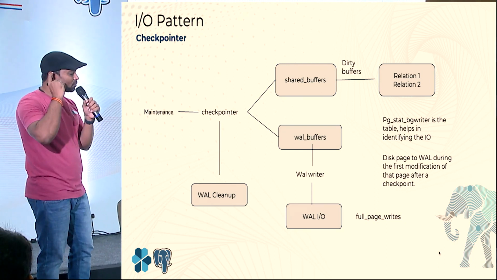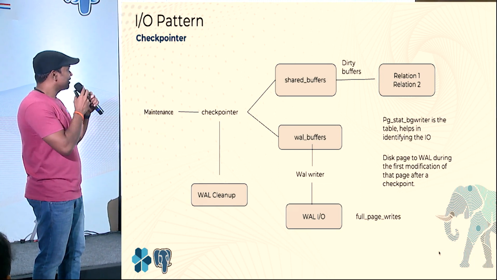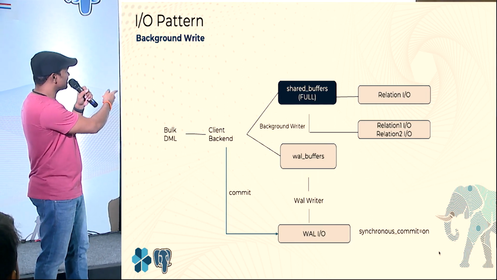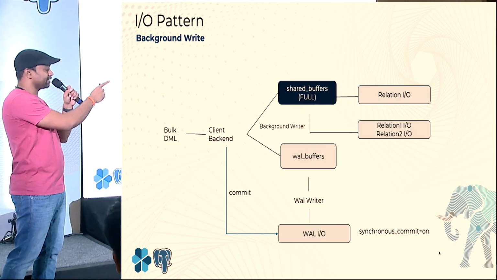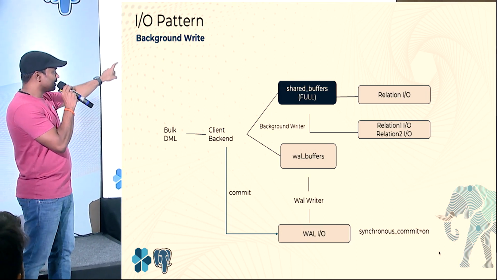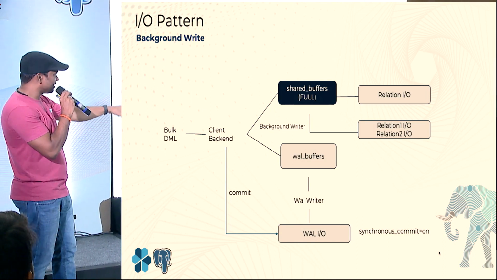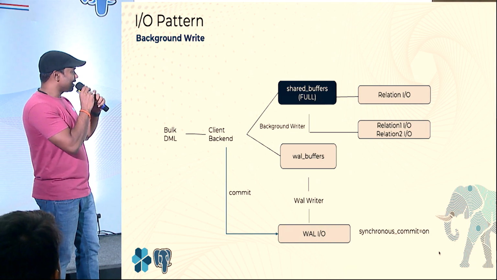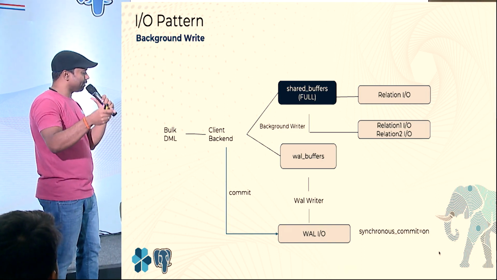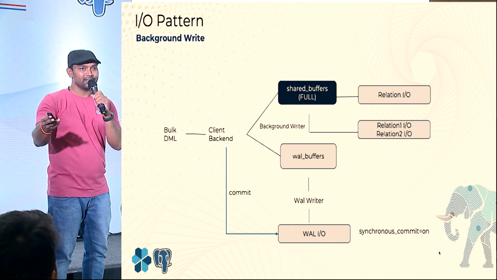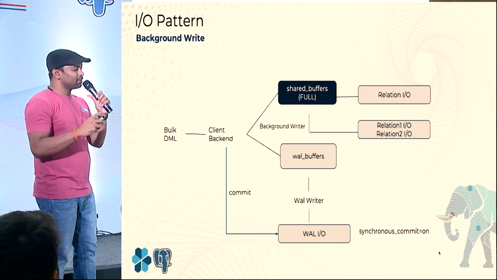So what happens in that case is, I'll come back to this slide. This is the slide where the client is doing bulk DML. Shared buffers got full, and BG writer is busy writing the data. WAL writer is busy. Client backend is busy. Now, if we issue the rollback or the connection is terminated, the transaction got interrupted, right? That is double the amount of IO.